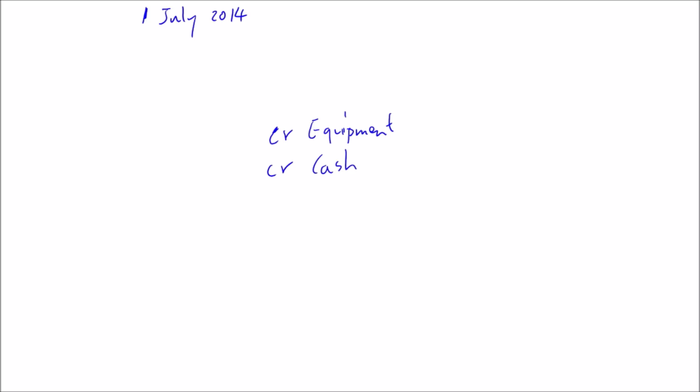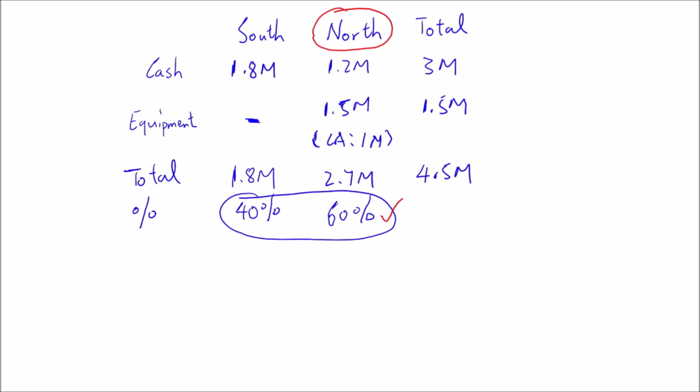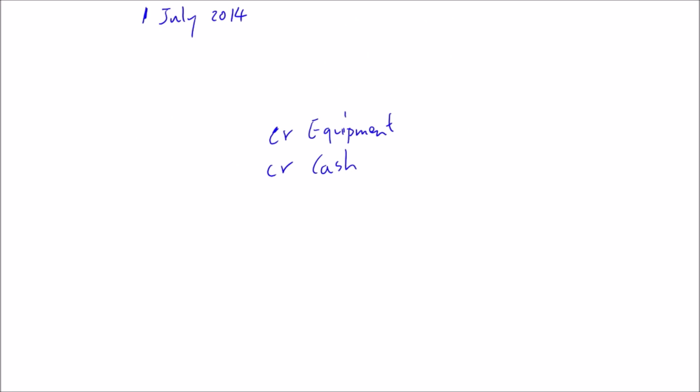Very importantly, because the credit comes out from the records of North Limited, we need to use the carrying amount. For cash, there's no difference. We're going to use 1.2. In terms of equipment, from North Limited's records, they recorded 1 million of equipment. So for this one, we will have $1 million for equipment, and we will have $1.2 million for cash.